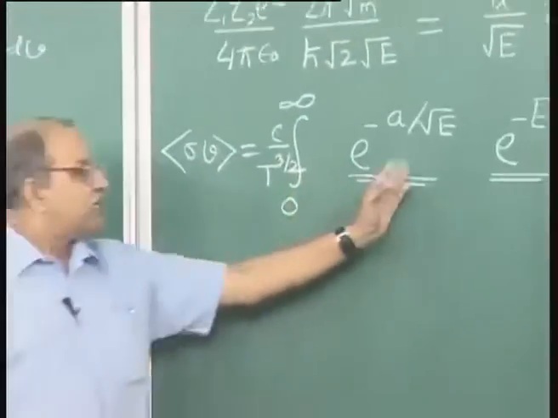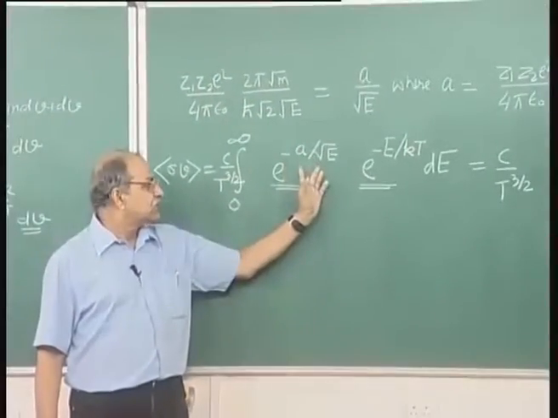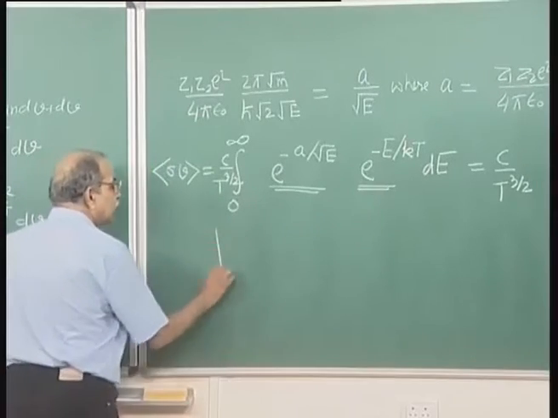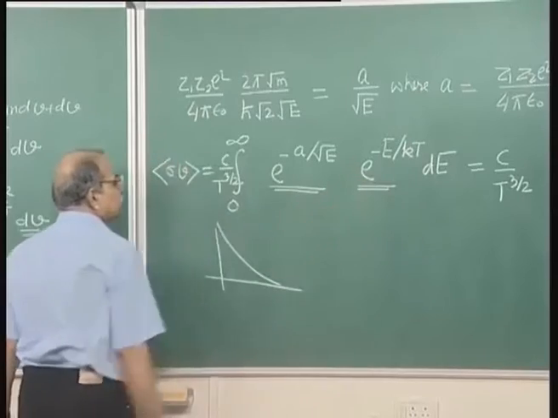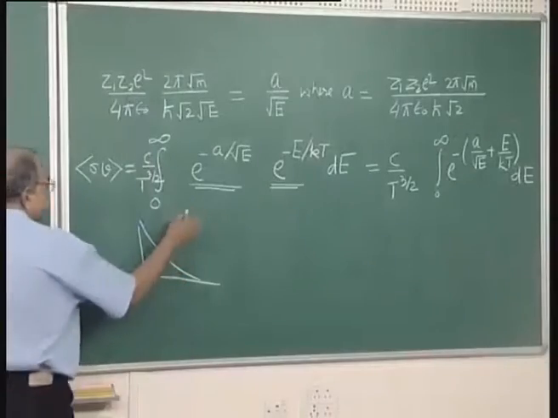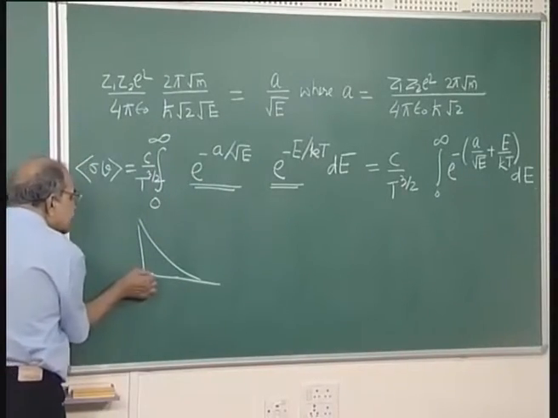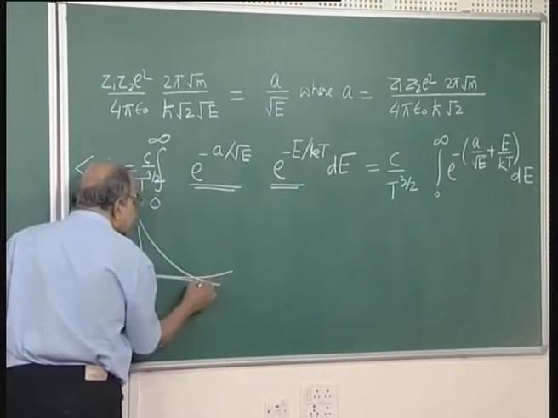So, this product you have seen, a product of this exponential and this exponential. One exponential just drops like this, this is the e to the power minus E by kT, and this rises somewhere like this.